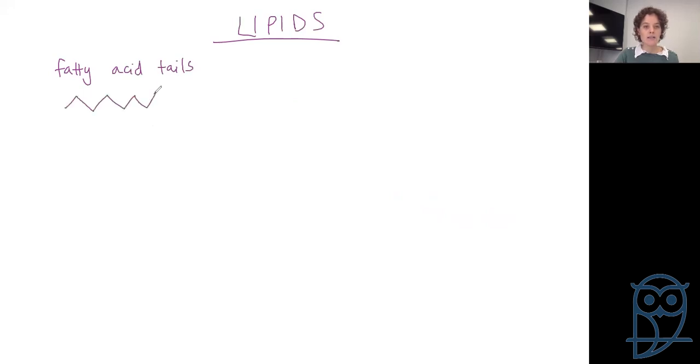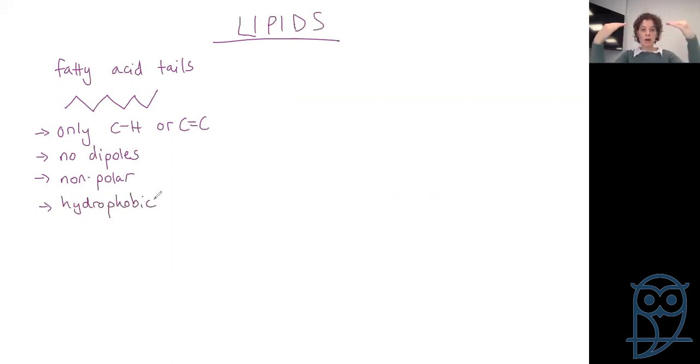We do it with a zigzag and it's full of only carbon-hydrogen or carbon-carbon double bonds. This is no dipoles, which makes them nonpolar, which makes them, therefore, hydrophobic.